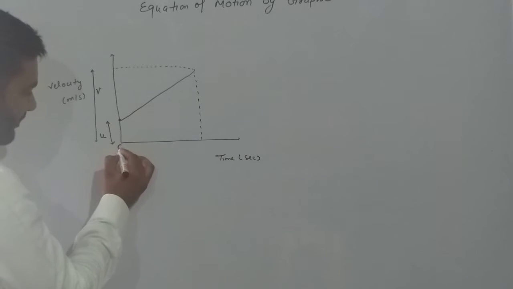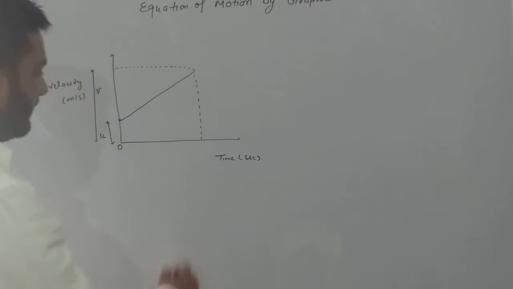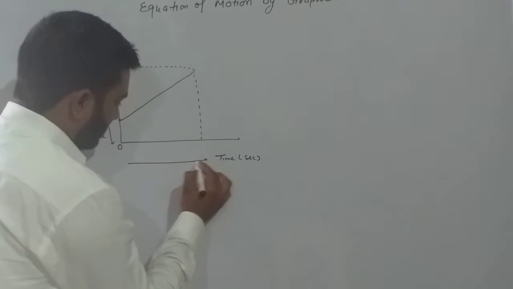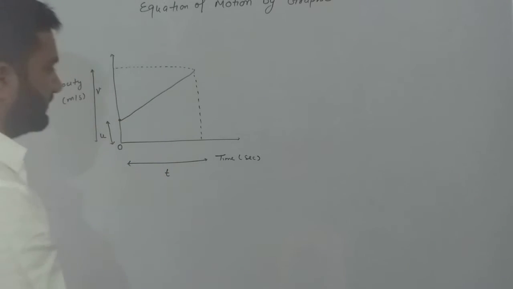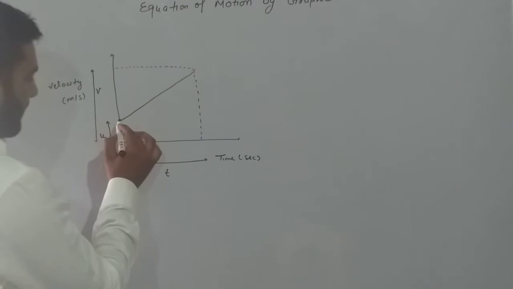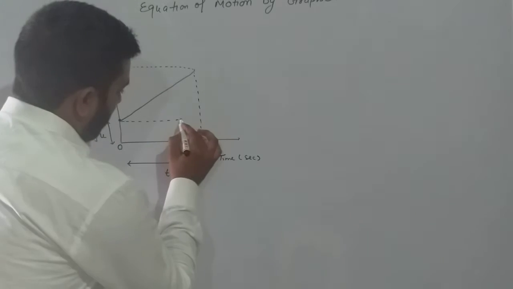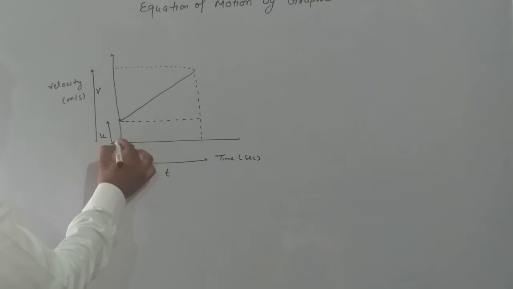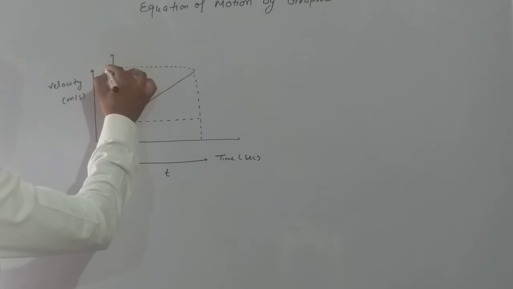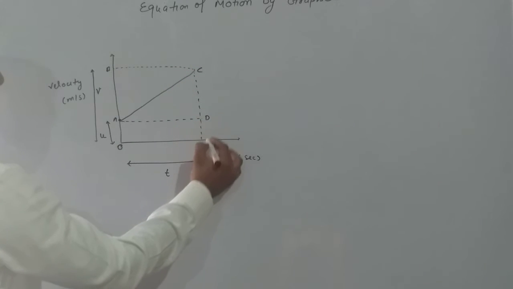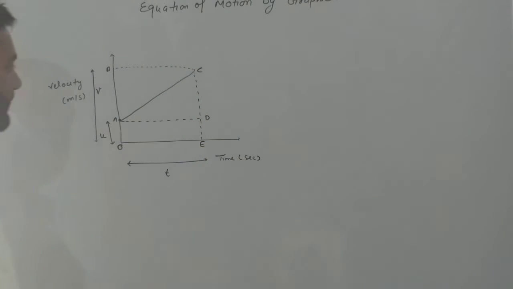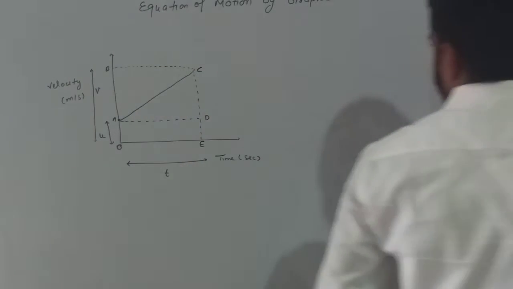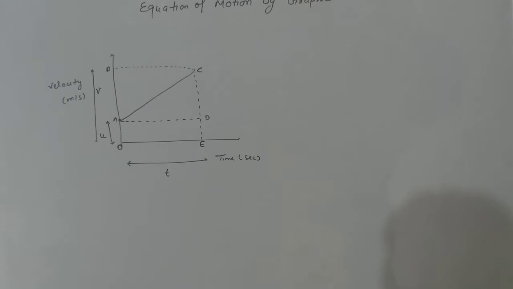Here time at the origin is 0 second and this is the time t. Now this is the point O, A, B, C, D, E. This is the velocity time graph.